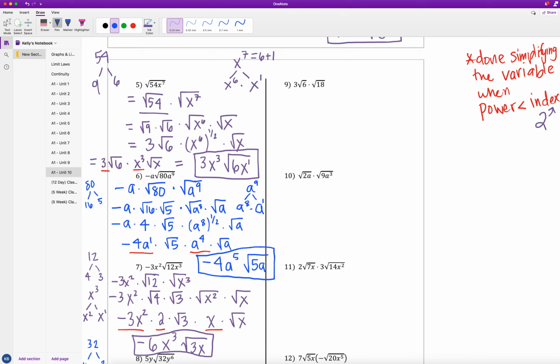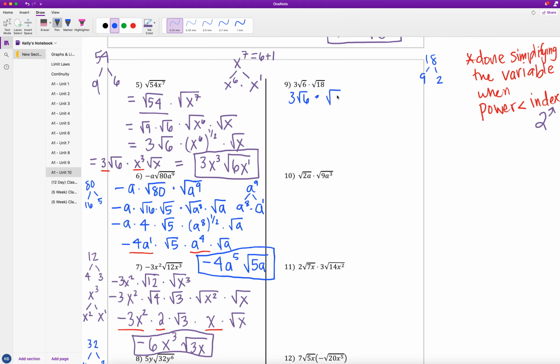So let's look at example 9. We have 3 times the square root of 6 times the square root of 18. So 6 has no perfect squares, so I'm going to rewrite 3 times the square root of 6. I'm going to write a little bit smaller so I have enough space. But the square root of 18, I know that 18 factors as 9 times 2, and 9 is a perfect square.